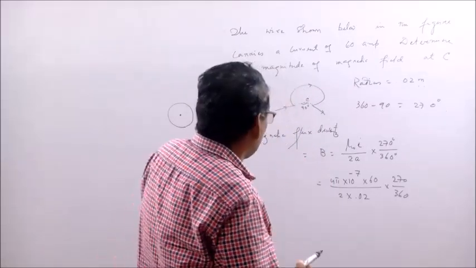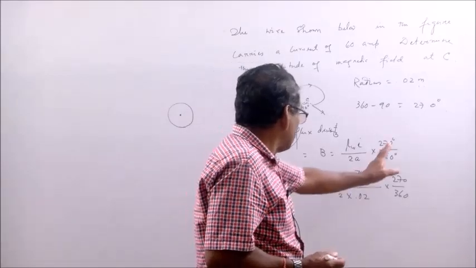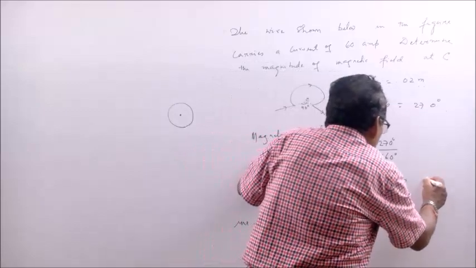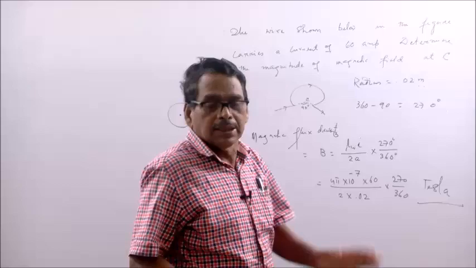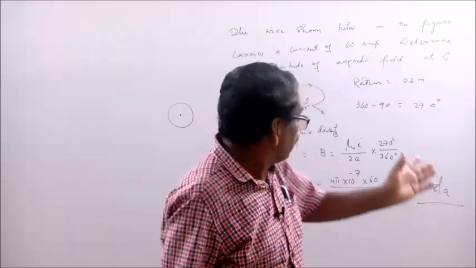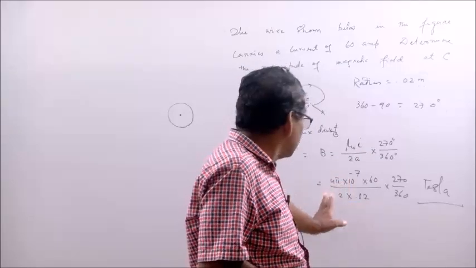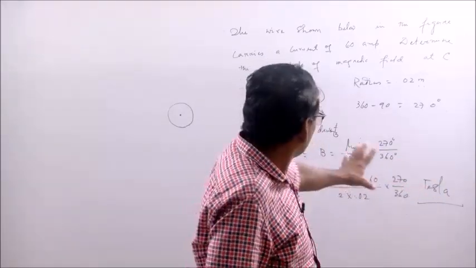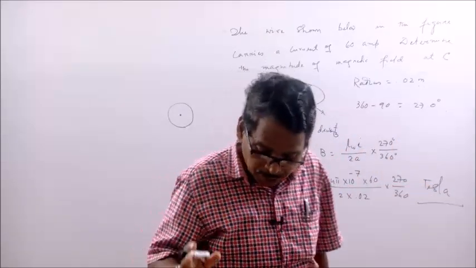So you can calculate now. After calculation, how much will this be? The unit is very important: the unit is Tesla. In the examination, if you don't get time to calculate this, you can leave it like this, but mention the unit. That is important. If you leave it like this and mention the unit Tesla, you will get full marks.